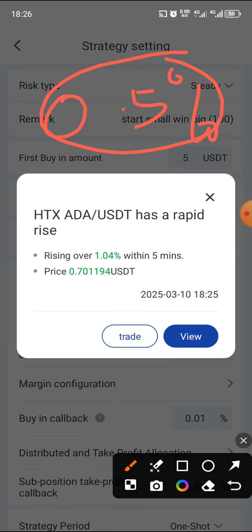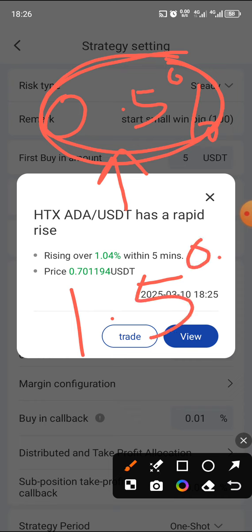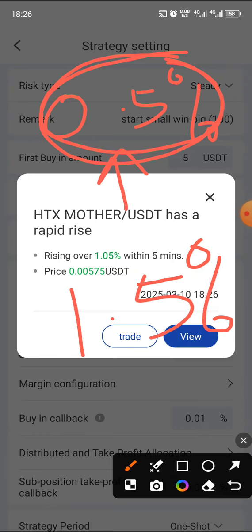Because you may have set this as your call drop, but the coin is still dropping, so it will reach your drop percentage, but it can buy when the market drops at 1.5%, depending on the market situation. So in this unpredictable market, make sure you switch on your AI margin call.